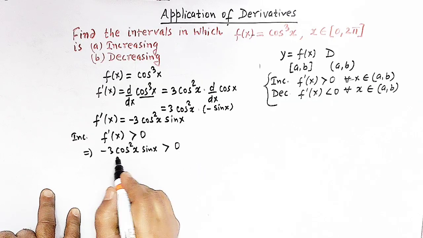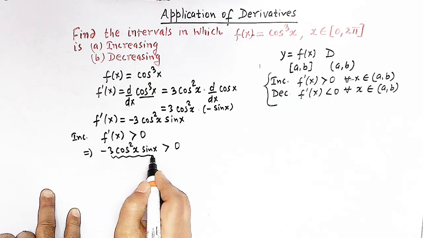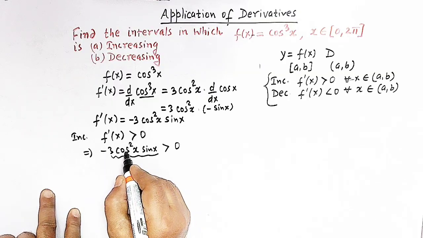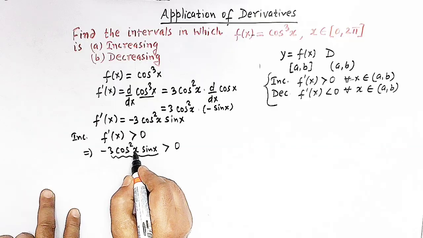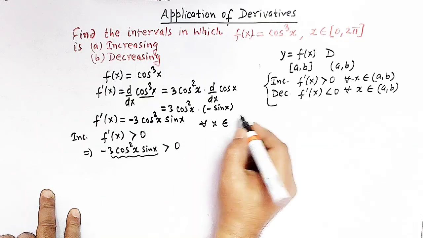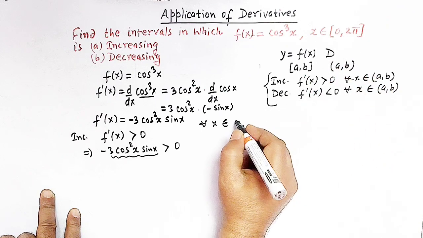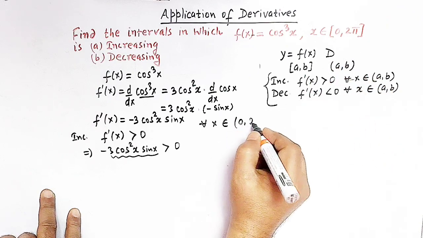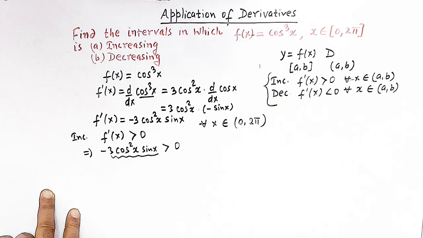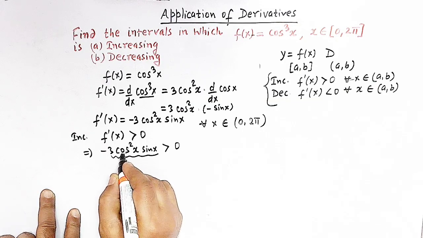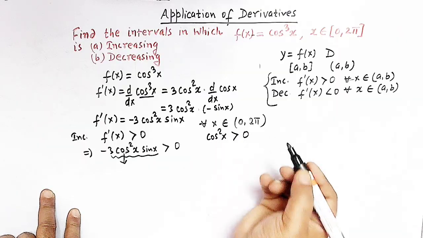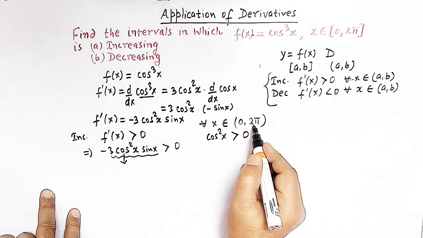So now let us look at this expression. Here we have a negative sign, and here we have cos square x, right? For all x belonging to this interval, that is 0 to 2 pi, cos square x is positive. So cos square x is always greater than 0 in this interval.